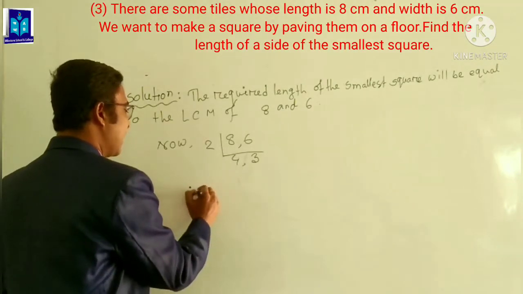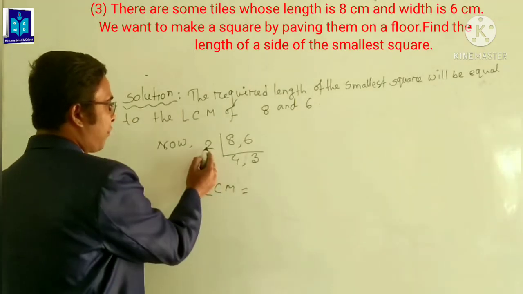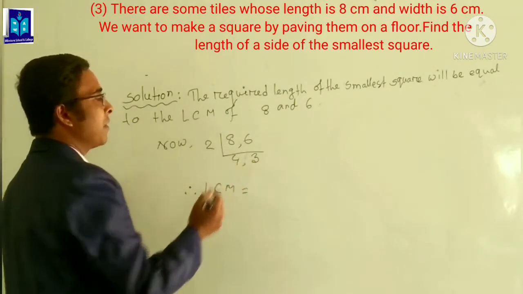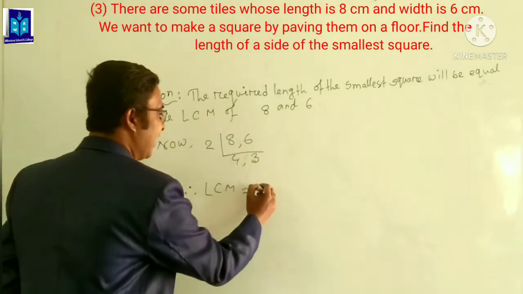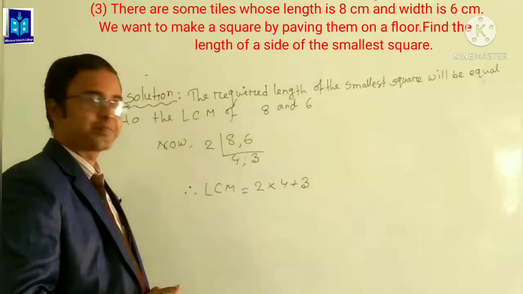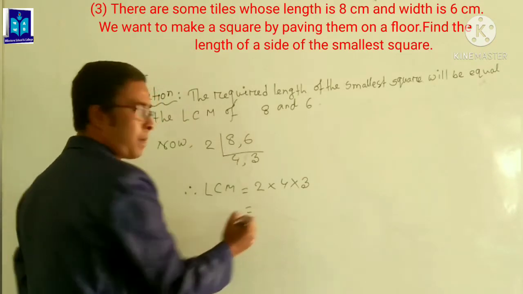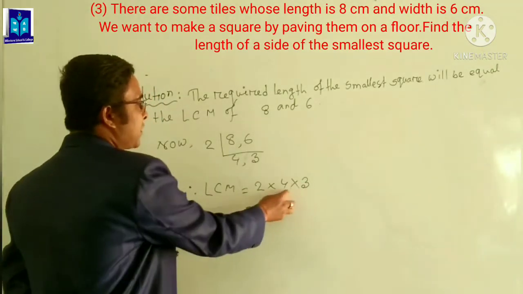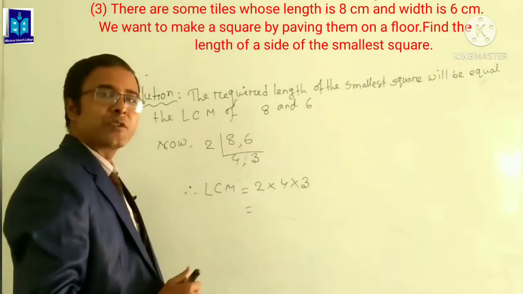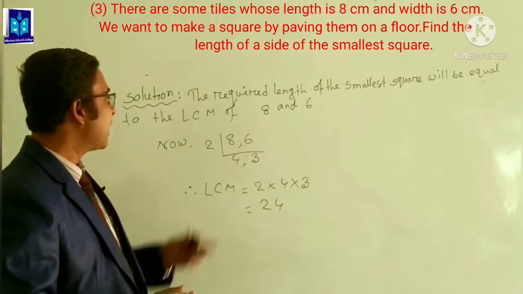And we can write here LCM. That means LCM will be what? The product of these numbers. That means 2 multiply 4 multiply 3. Sorry. So 3 fours are 12, 12 twos are 24. Yes. So we get already our required LCM.